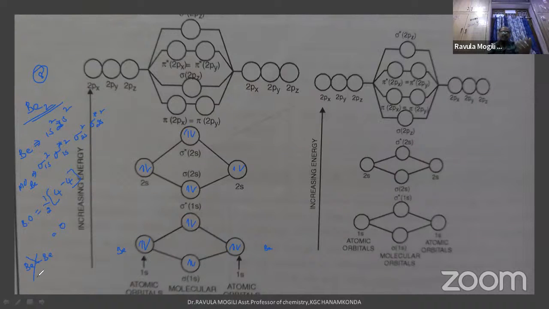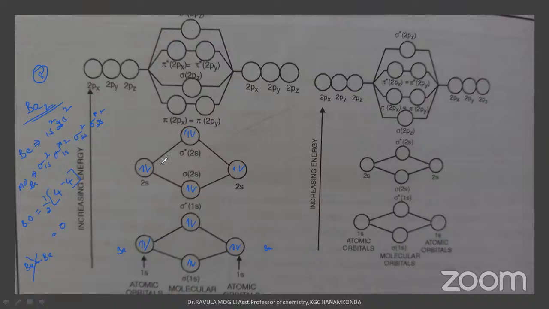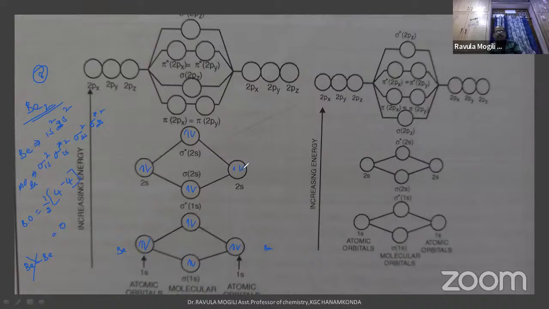If it has any unpaired electrons in the molecular orbitals, it exists with paramagnetic nature. So are there any unpaired electrons here?